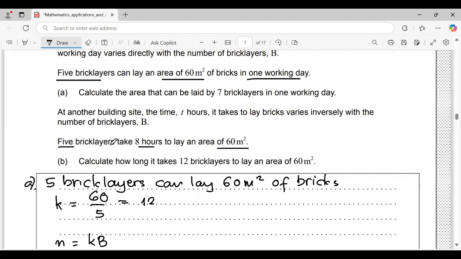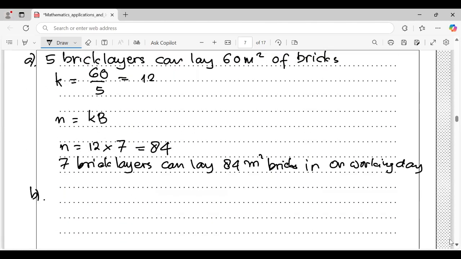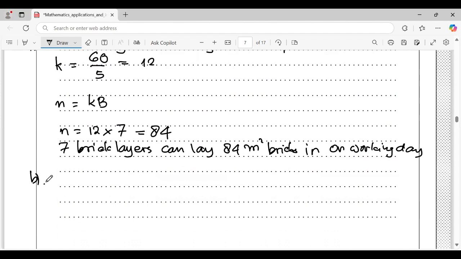Okay, five bricklayers, 8 hours. So how about 12 bricklayers? Right. So five bricklayers take or need 8 hours to lay 60 meters squared.